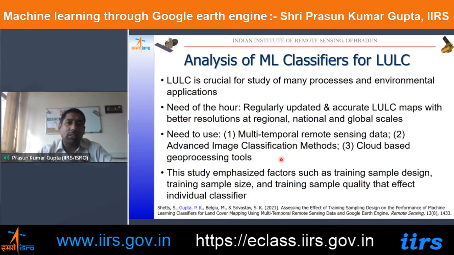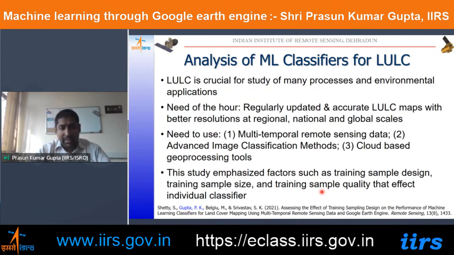And since we have all this set up, we can even explore more things, like what is the importance of sample design, where you should be collecting your training samples, what is the correct sample size, how many points you require to train the data or to verify the results, what is the effect of the quality of this data.